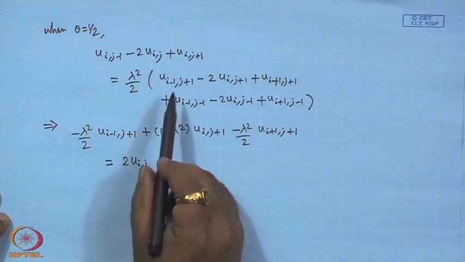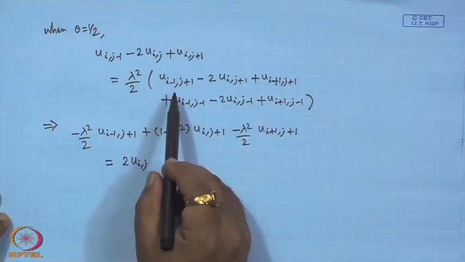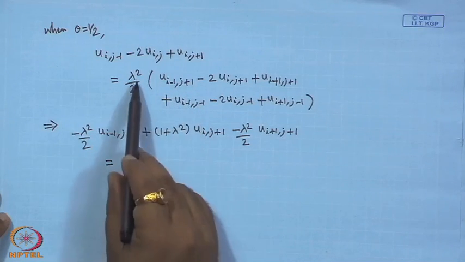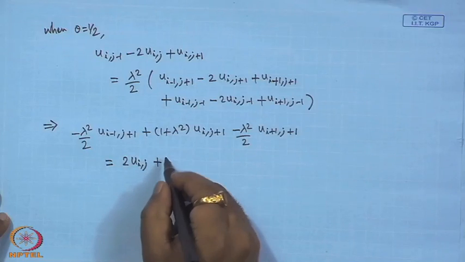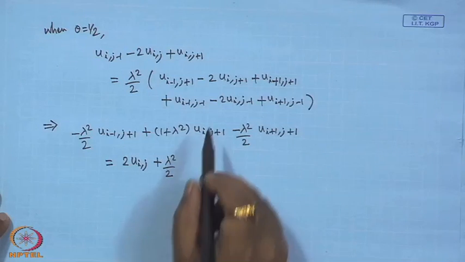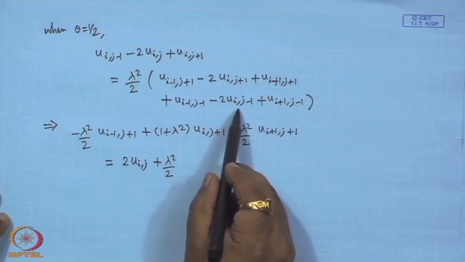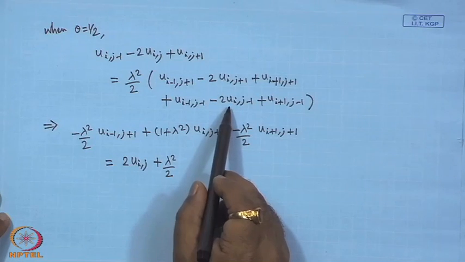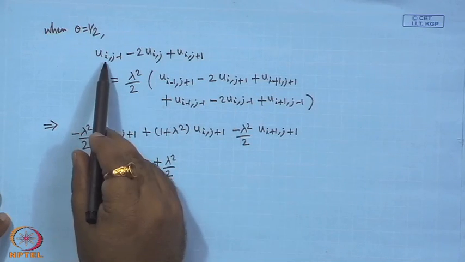Okay. Then I minus 1 j minus 1 with the lambda square by 2. Then I j minus 1, I j minus 1 we have this.